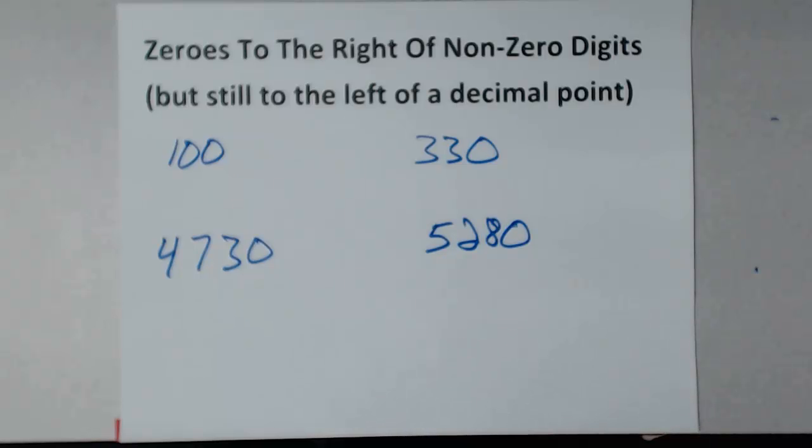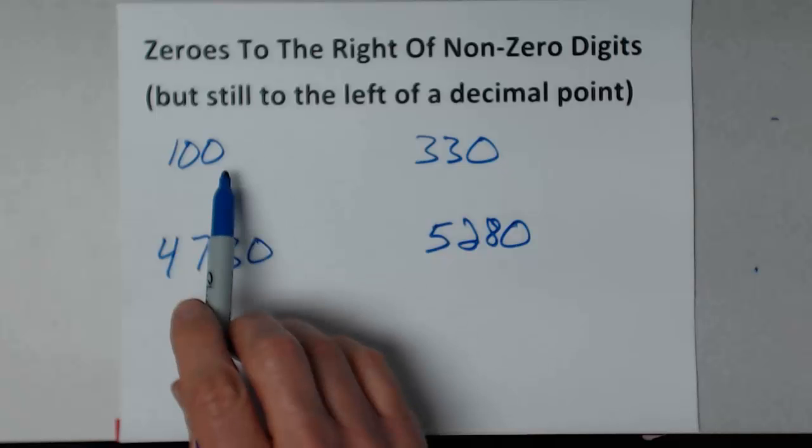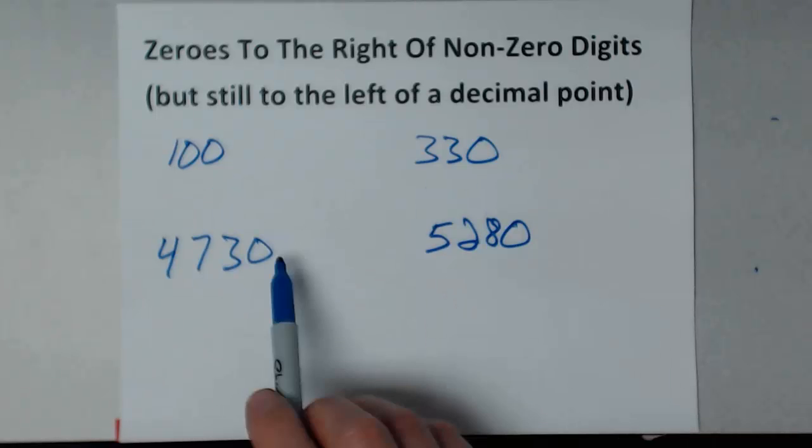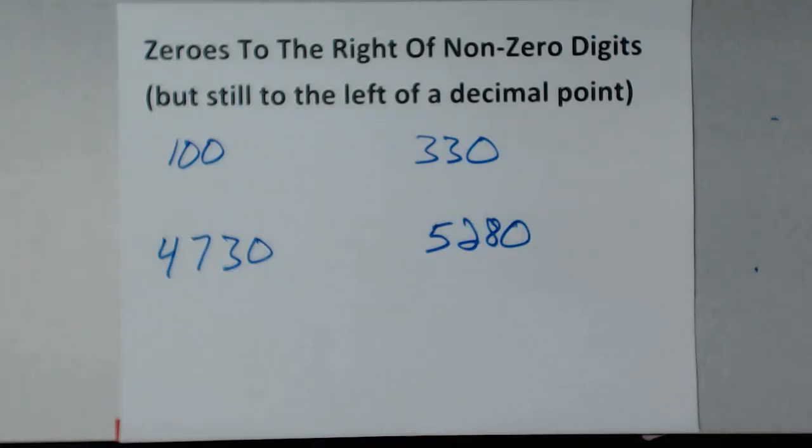If there is no decimal point explicitly written, so you don't see a decimal point here, here, here, or here, even though it's understood to be there, if there's no decimal point, you cannot assume that these zeros are significant. You have to assume that they are not significant.